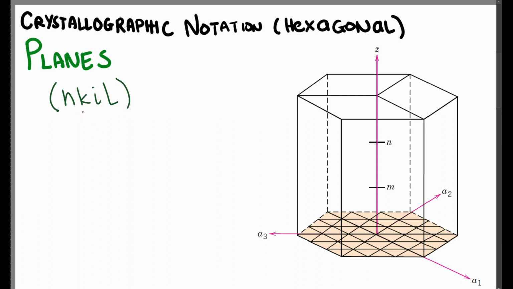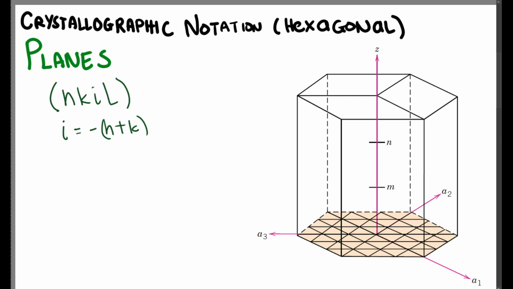This is similar to HKL in the 3-coordinate system, but we have I. In contrast with our directions, it's much simpler for hexagonal crystals because we essentially have the same H, K, and L as in the 3-coordinate system, with I being just a redundancy index where I is equal to negative (H plus K). The same rules apply to get crystallographic planes in the hexagonal crystal.